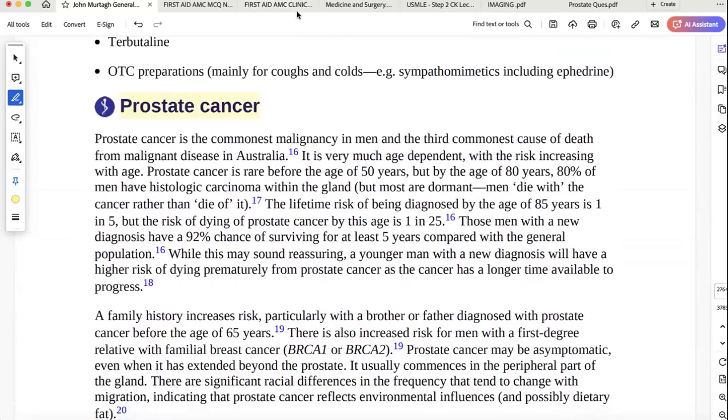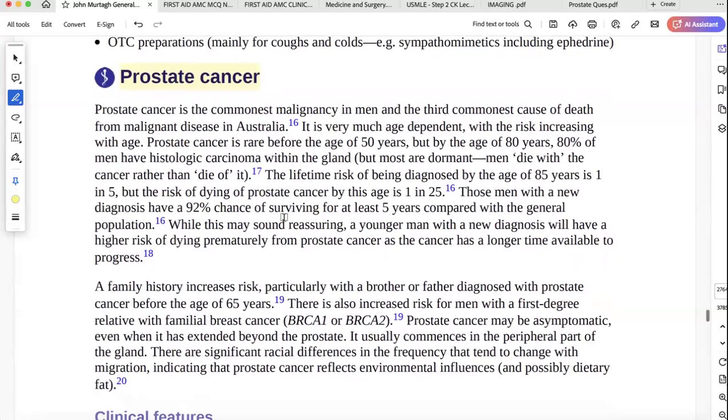Very, very important topic for the exam is prostate cancer. Ultrasound before catheter? Yes, if there is an option. If there is no option of doing an ultrasound, then just go for the catheterization.